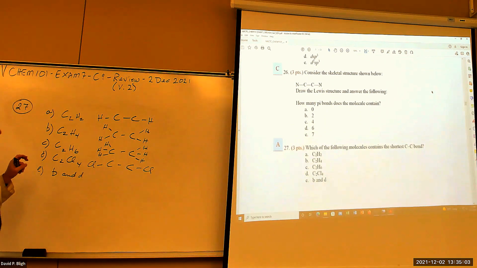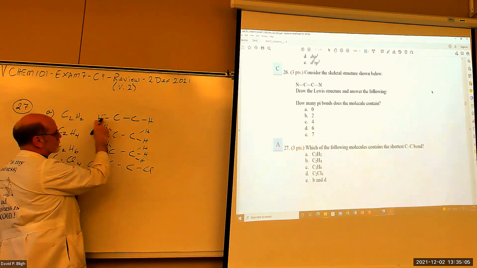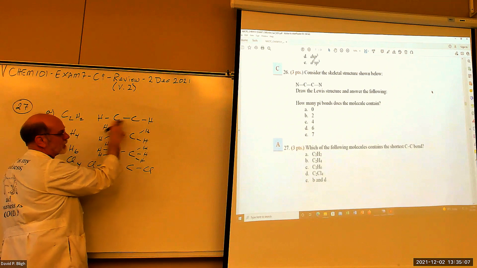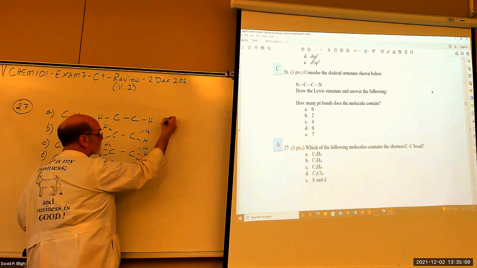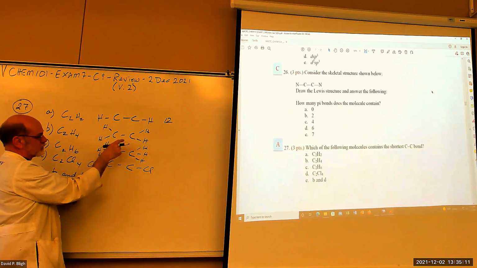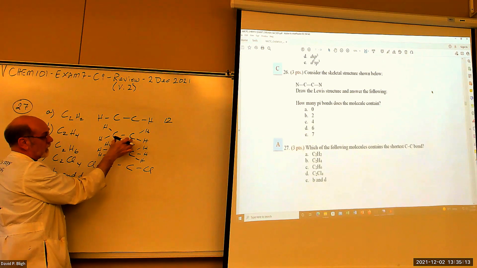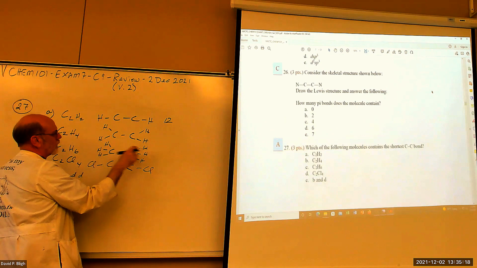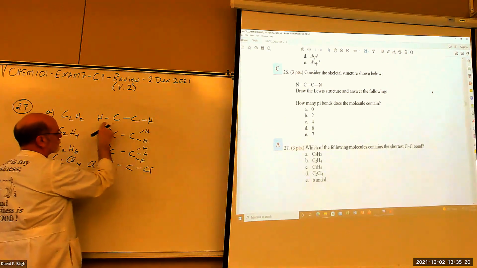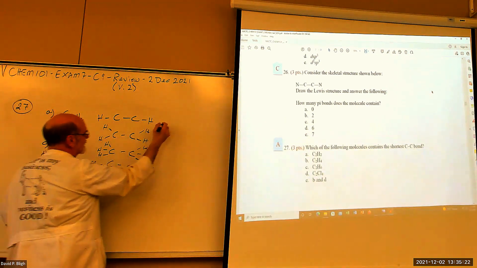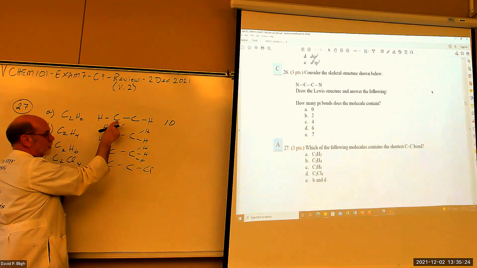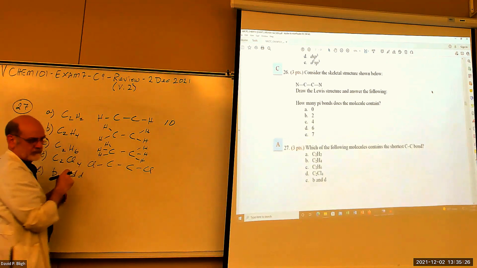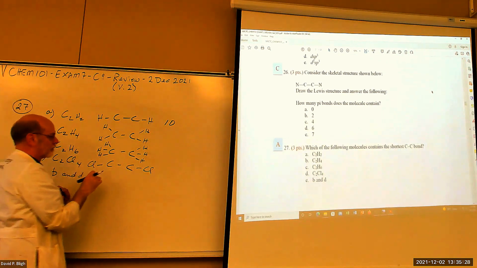Then we draw our structure, right? So this is 2, 4, and 8 is 12 electrons. This one is 8. 8 plus 2, wait, no, that's not right. 1, 2, 8, 9, 10. 10 electrons. 4 and 4, 1 and 1. 8 plus 2 is 10.